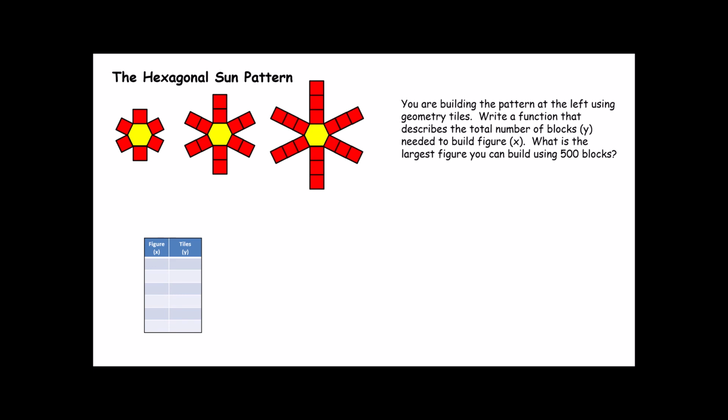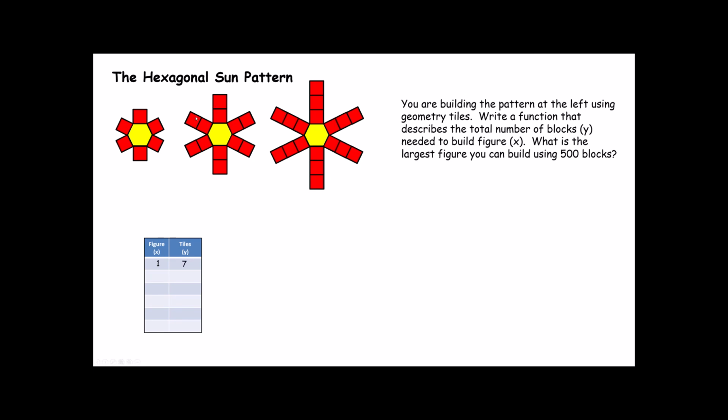So I go through, our goal is to create an equation or function that represents the relationship between the figure and the number of tiles needed to build it. So figure 1 over here on the left has 1, 2, 3, 4, 5, 6 red tiles and 1 yellow hexagon for a total of 7.